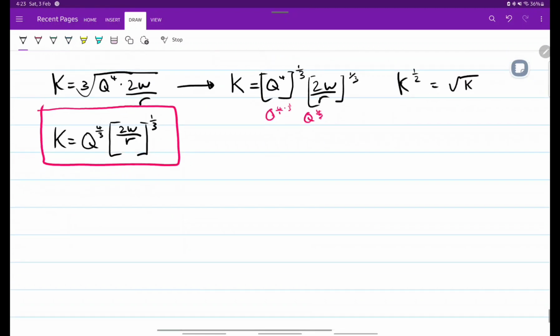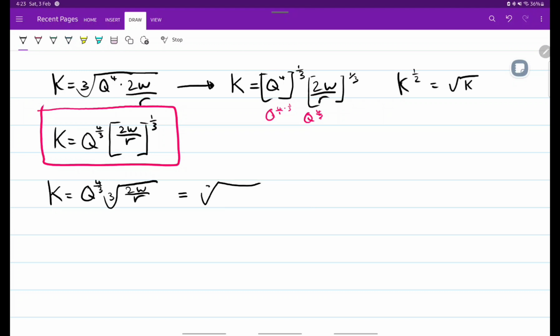Now, it would be totally okay to express this as that, as well as that too.